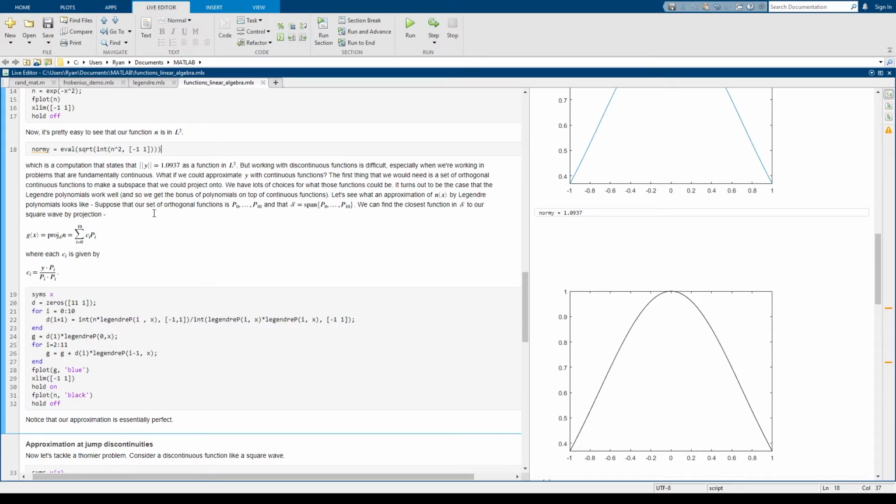I've suppressed the output here because a 10th degree polynomial with gigantic fraction coefficients is not a terribly nice object. But this plot contains both the graph of e to the minus x squared and the graph of the approximation, which means that essentially we have a perfect approximation of e to the minus x squared in terms of polynomials.